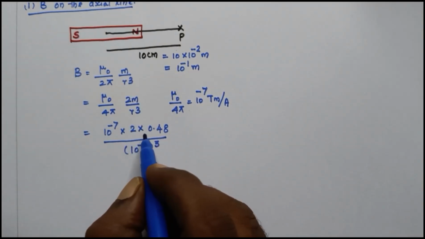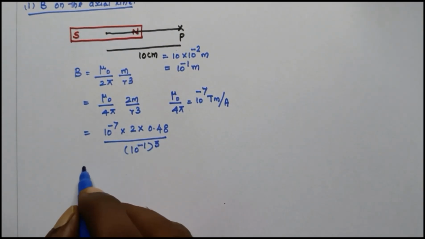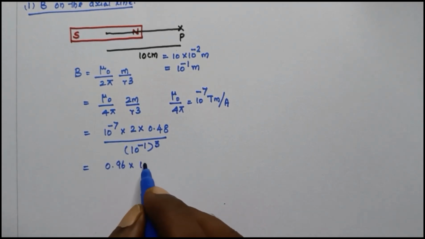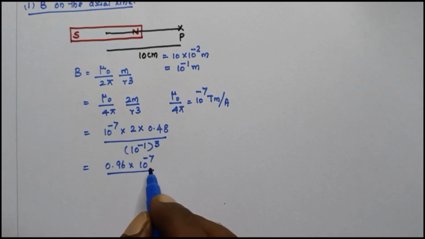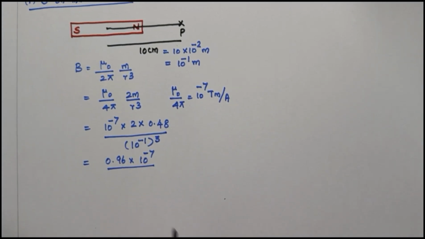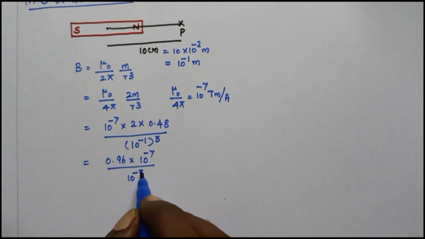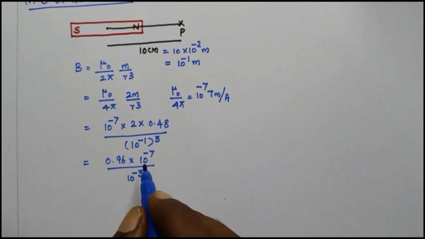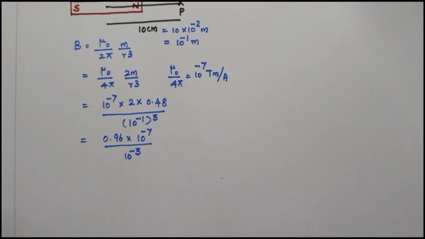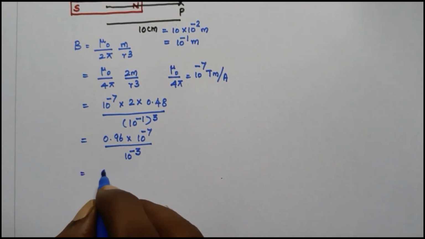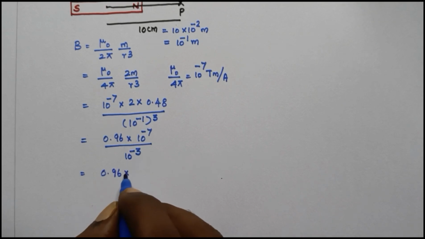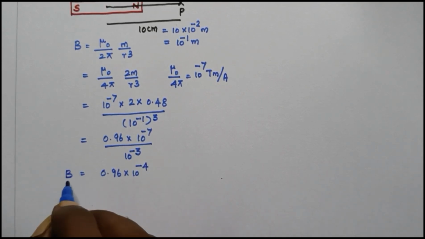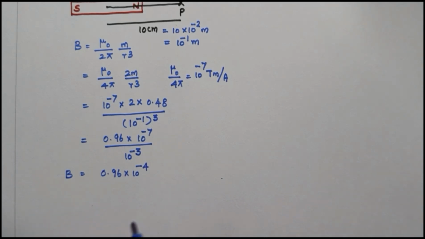If we multiply 2 by 0.48, we will get 0.96 into 10 to the power minus 7, and in the denominator we will get 10 to the power minus 3. 10 to the power minus 7 by 10 to the power minus 3 is 10 to the power minus 4. So this is equal to 0.96 into 10 to the power minus 4, which is the magnitude of the magnetic field on the axial line.